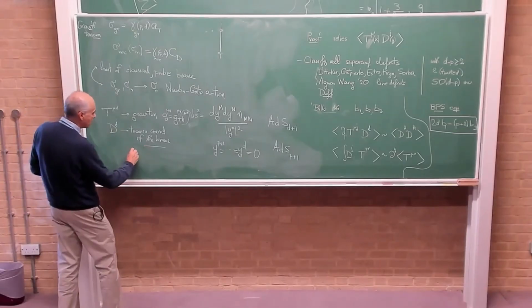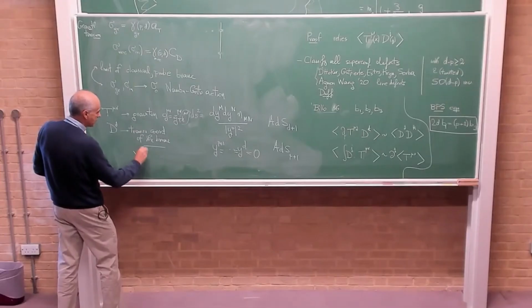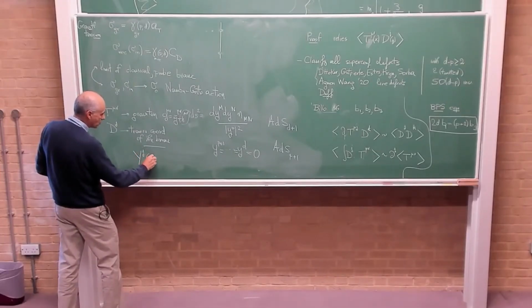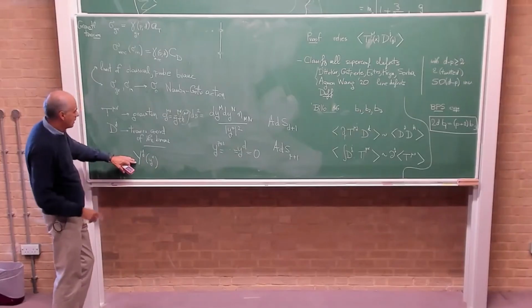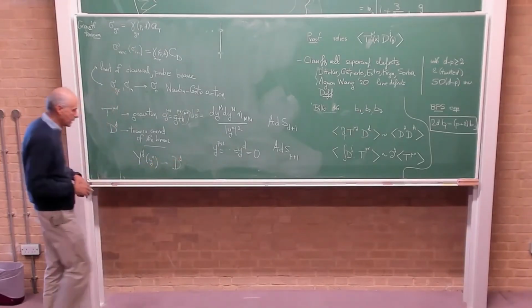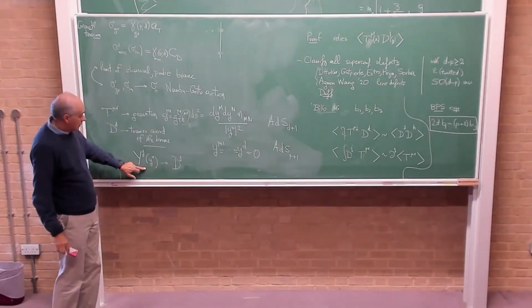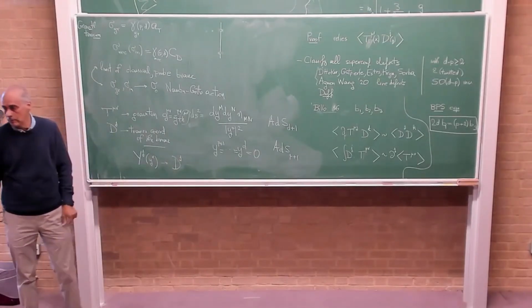Well, this has some embedding coordinates. Let's call them yj of the longitudinal ones, y alpha. And this should be dual to the displacement. Well, that's wrong, actually. If you do this, you get nonsense. This is not the good field for the displacement.